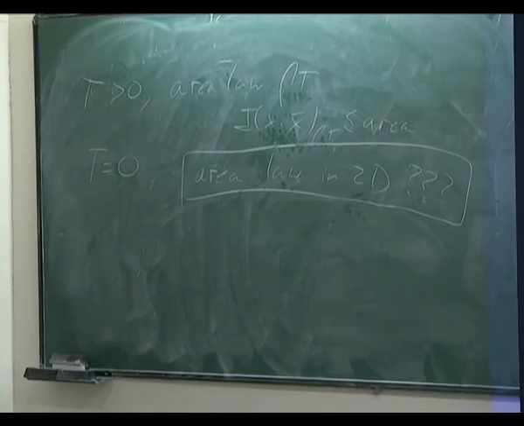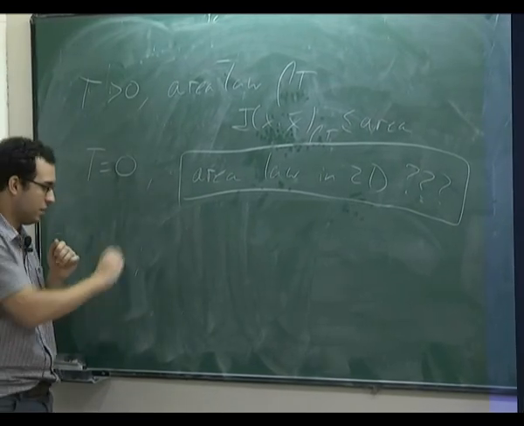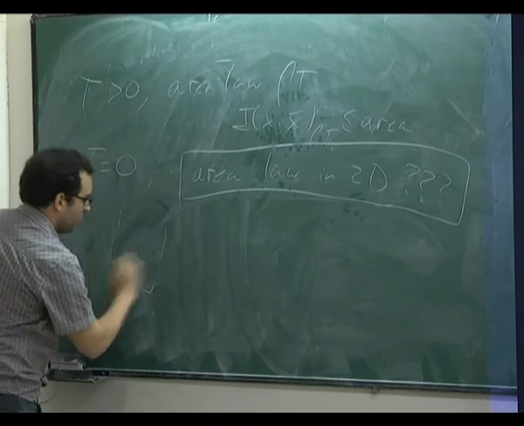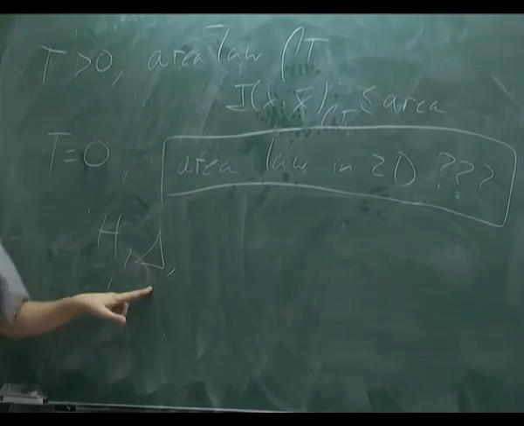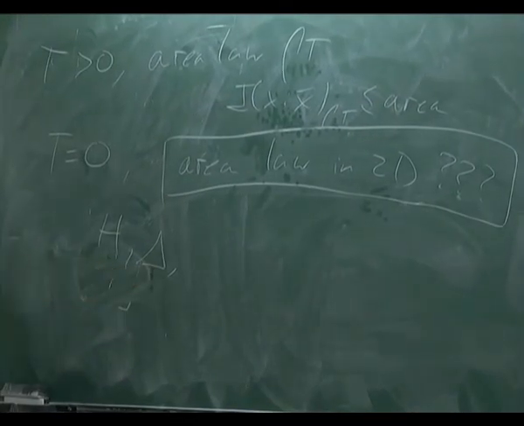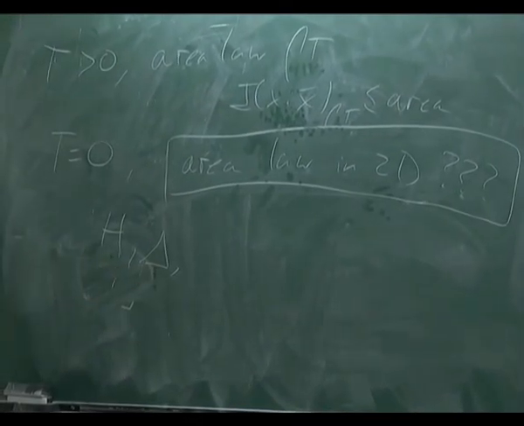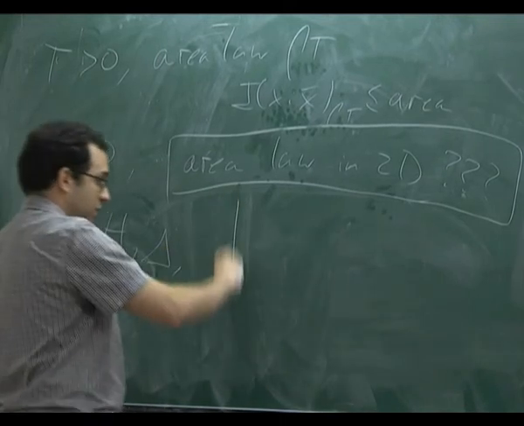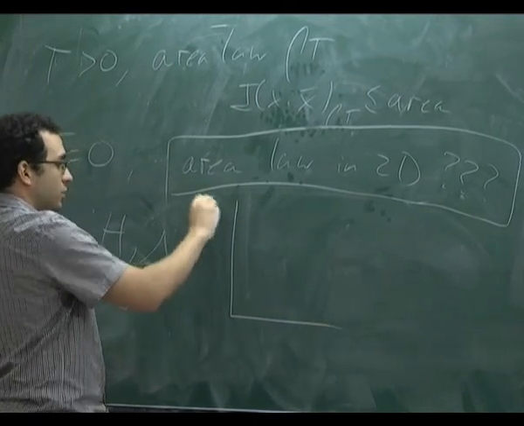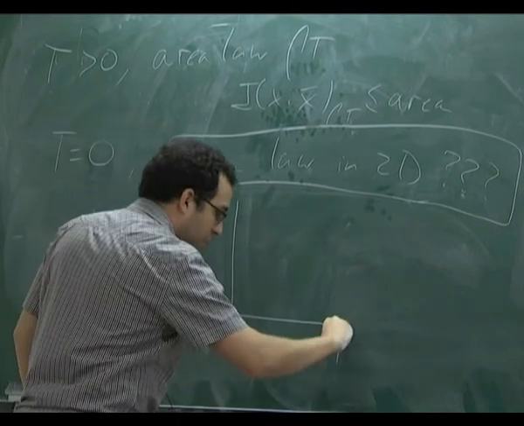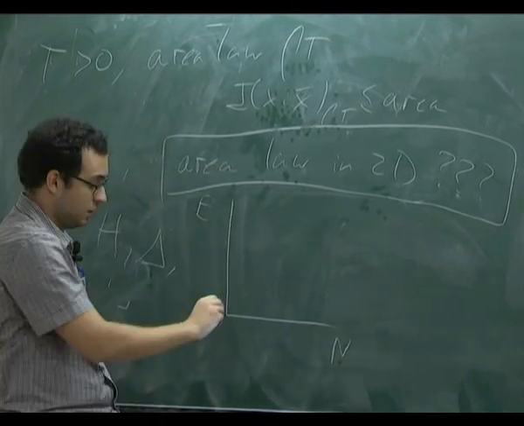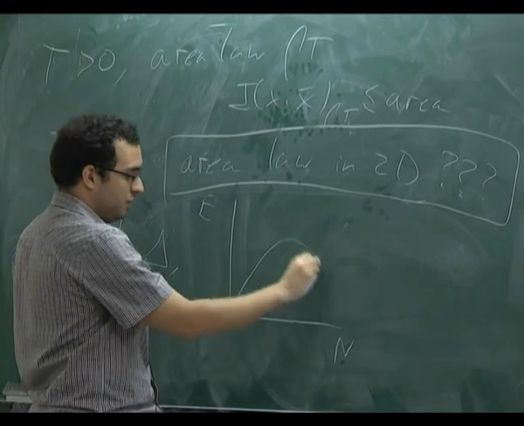Apart from that, the most general result in higher dimensions, which follows from this one, is that if you have in 2 dimensions some Hamiltonian with a gap, but now not only do you know that there is a gap, you have some assumption about the density of states. So if you plot the energy of the eigenstates versus the number of them, usually you have something like this.